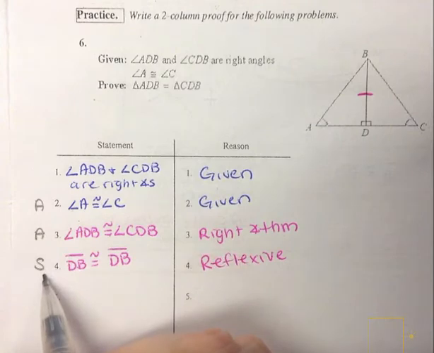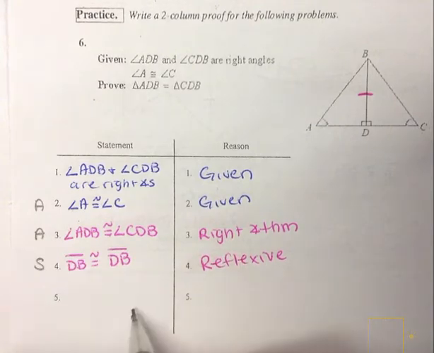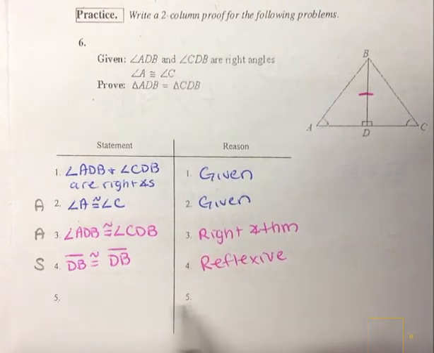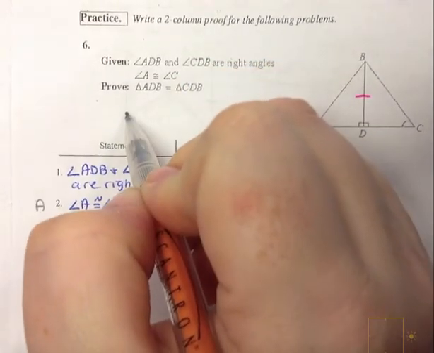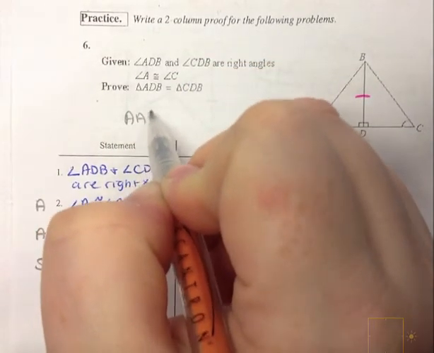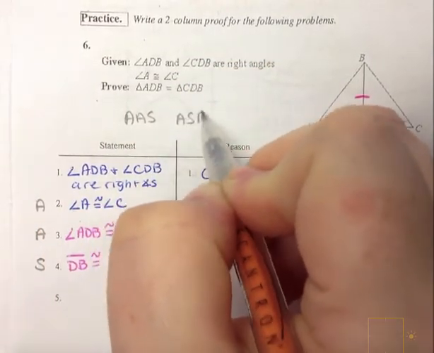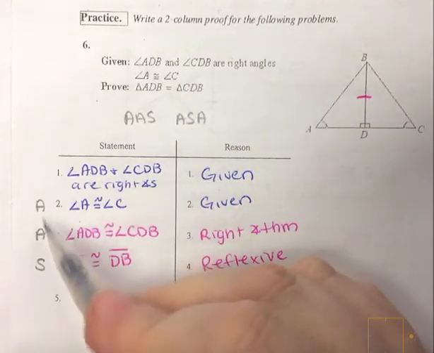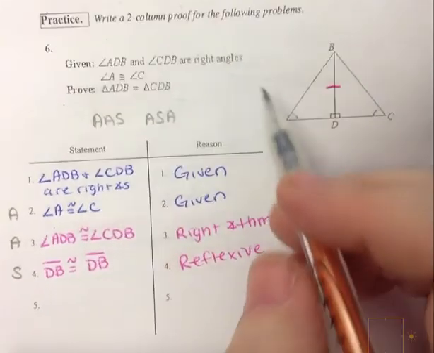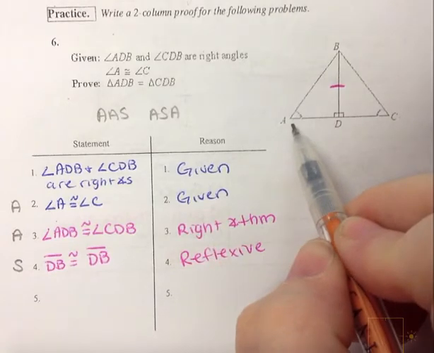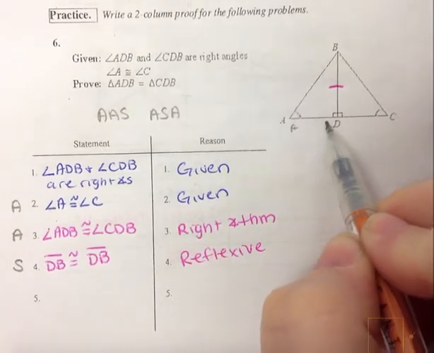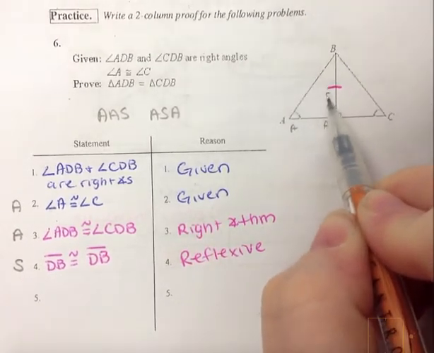Now I have 3, and my last statement will be my conclusion, so that I'm right at 5. So AAS is a possibility, and so is ASA. These are both possibilities because I have two angles and one side. So we look at our picture. I have an angle mark here, I have an angle mark here, and I have a side mark here.